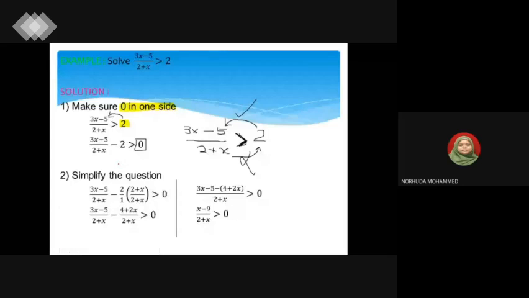So, 2 must be written as 2/1 so that we can multiply it. We make the denominators the same. So, expand, and then we see this is the same, so we can combine. So, negative, and don't forget the bracket.